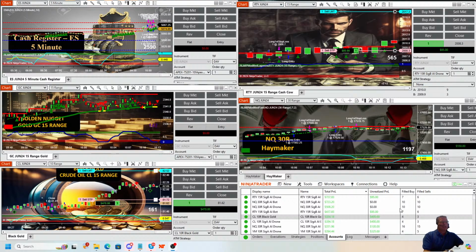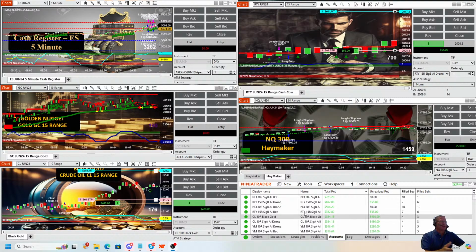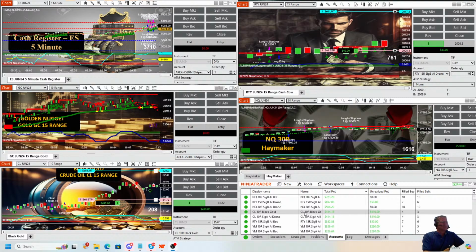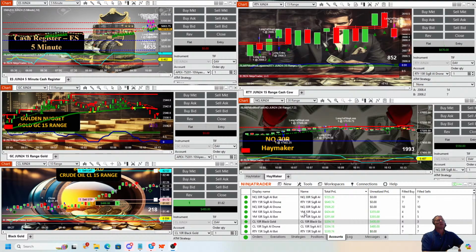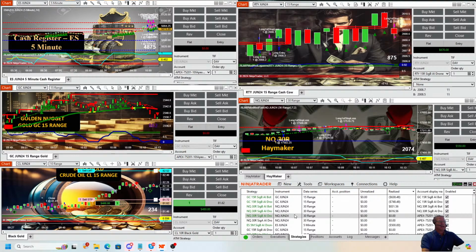Yeah, we're about break even on the Apex, but the automated strategies are doing really well on a variety of different instruments. I still have my 30 range on the signal B enabled.